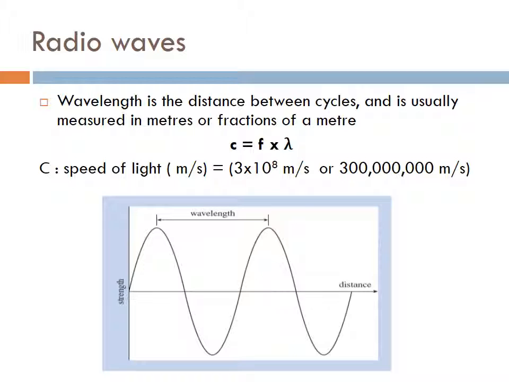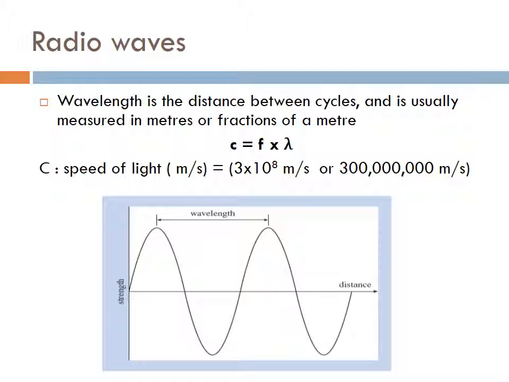So in our case, lambda f is equal to this constant speed, although it's not in reality constant. So lambda and f are inversely proportional to each other in this case.